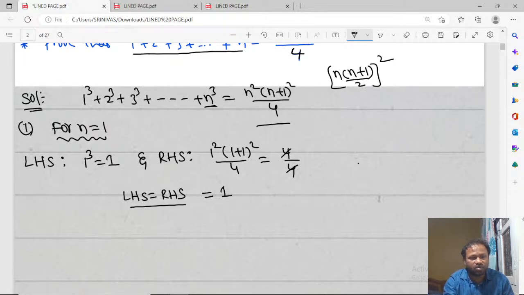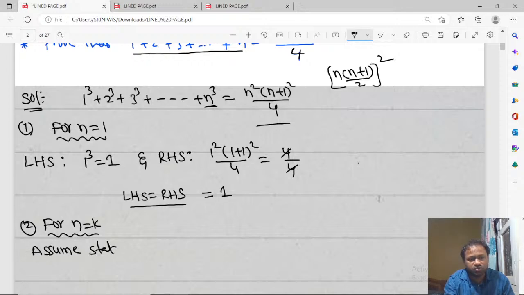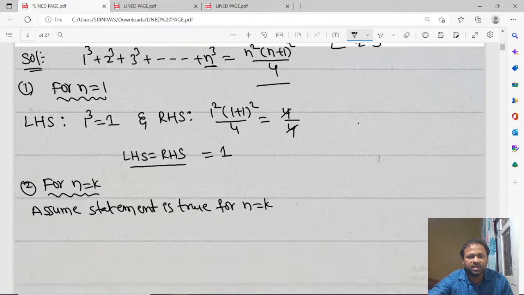Now let us move on to another condition, n is equal to k. So assume the statement is true for n is equal to k.